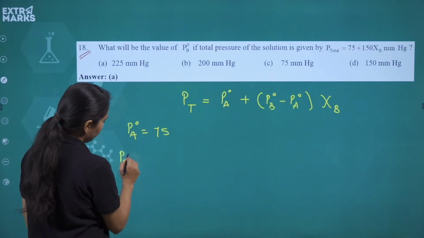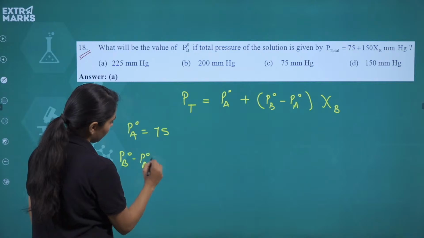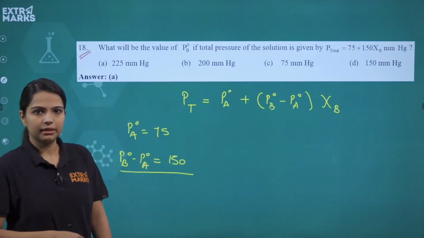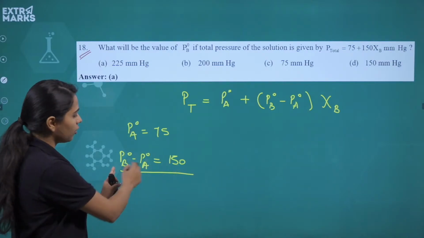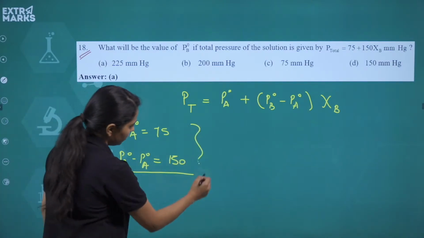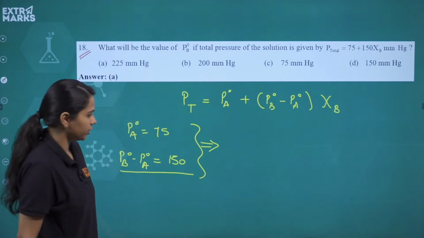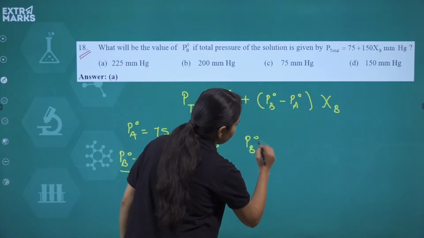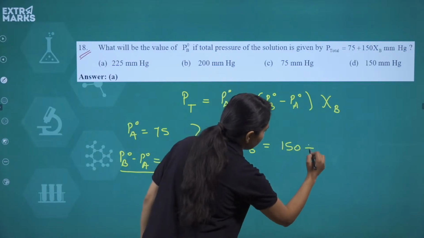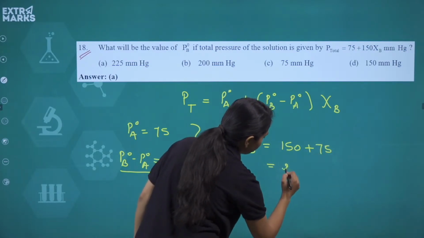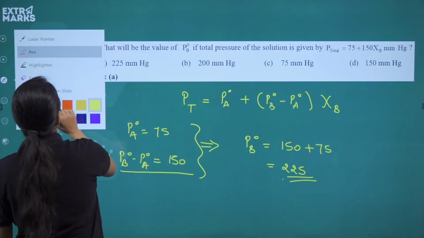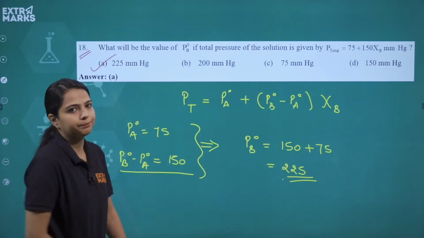And PB naught minus PA naught is equal to 150. Right? So PA naught is 75. So PB naught is equal to 150 plus 75. Ultimately, you're going to get the answer as 225 here. So the answer to this question is going to be option A.